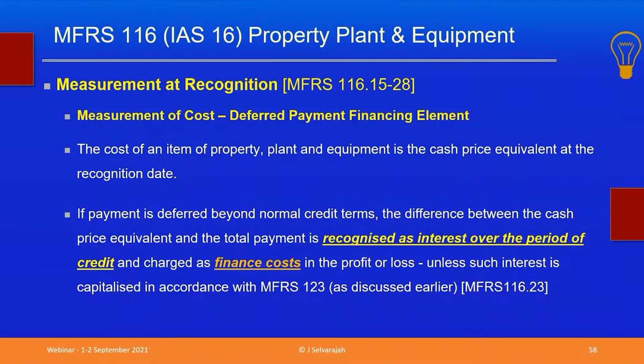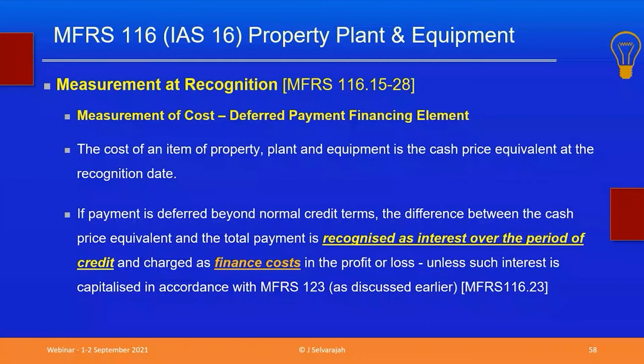It's only when it goes beyond, let's say 2 years, then you have to take it into account. So if payment is deferred beyond the normal credit terms, the difference between the cash price and the total payment is recognized as interest over the period of credit and charged as finance cost in the profit or loss. This means sometimes suppliers will sell you a machine for 1 million.